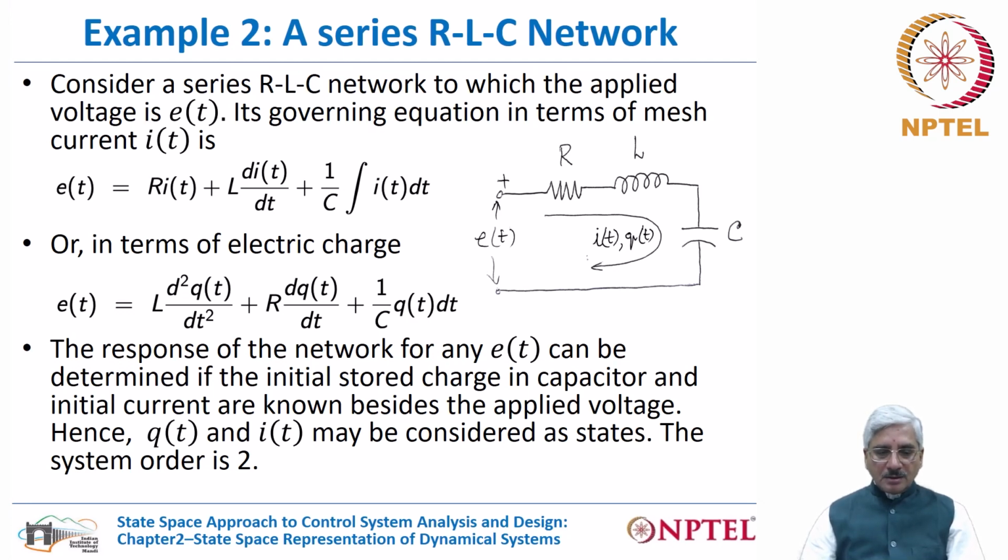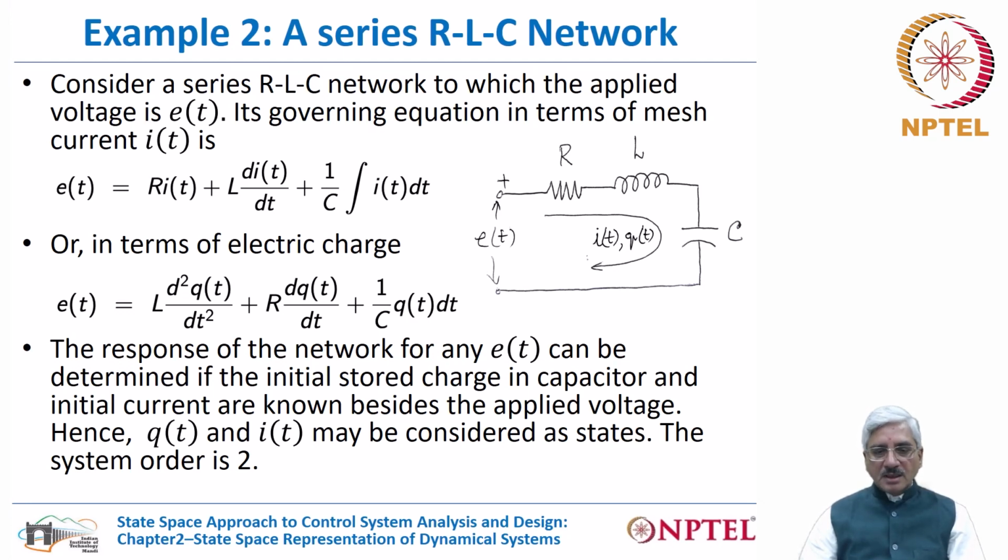Now, you can see that the knowledge of dq by dt at t equal to t0 and q(t), that means electric charge and the rate of change of electric charge at t equal to t0, if these two are known in the circuit, then one will be able to solve for the values of q(t) with time.